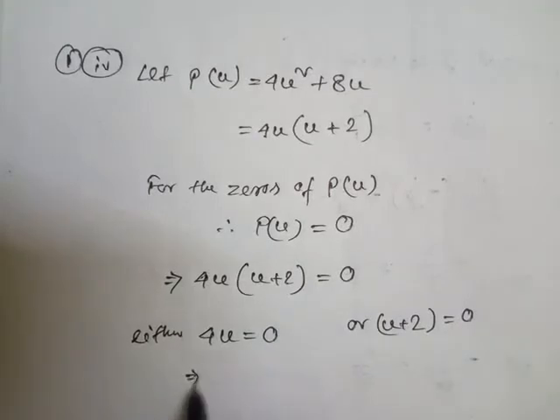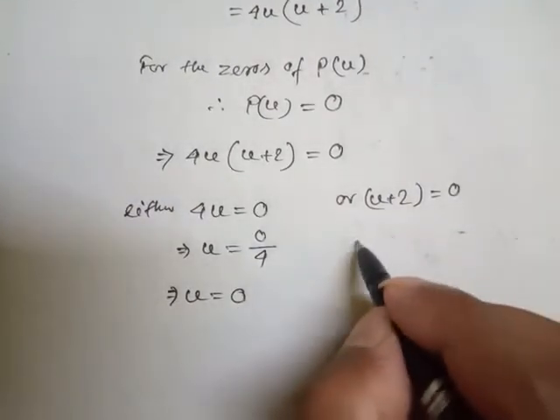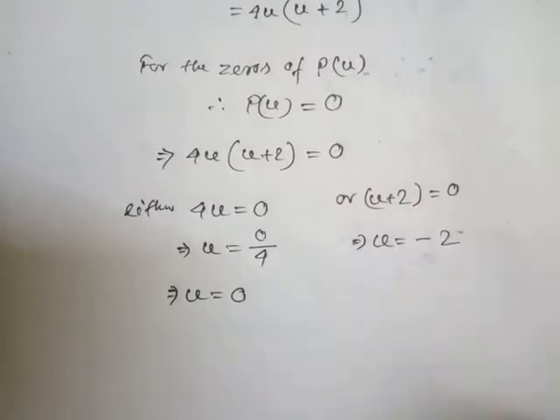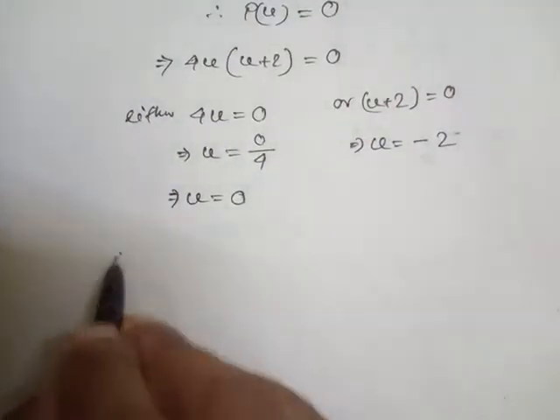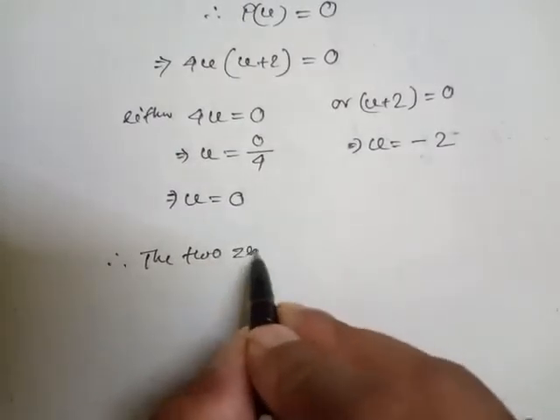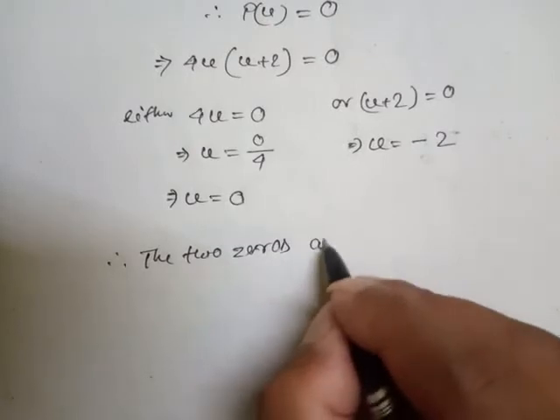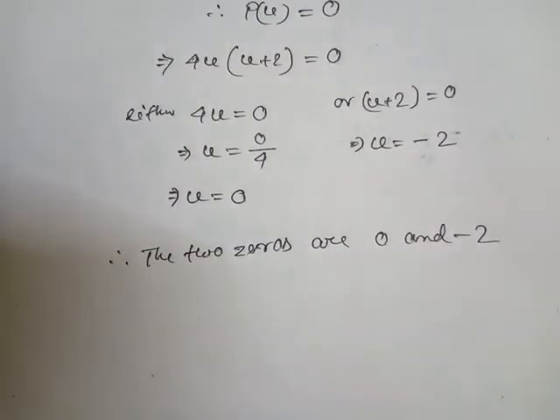Now look here, if 4u equals 0, which means u equals 0 by 4, then u equals 0, and the other, u equals minus 2. So therefore the two zeros are 0 and minus 2. This is our two zeros of the equation.